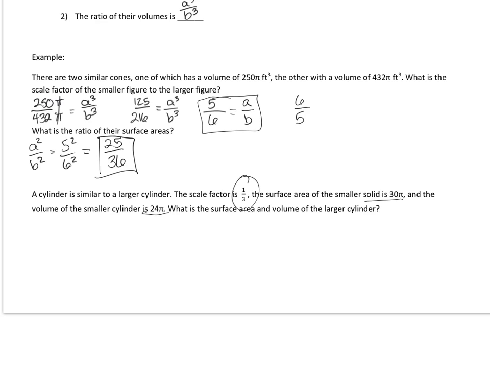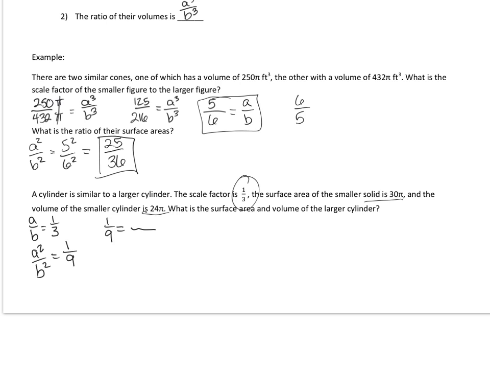So let's do surface area first. If my a over b is 1/3, then a squared over b squared is 1 over 9. Well, I know that 1 over 9 relates to the ratio of the surface areas.